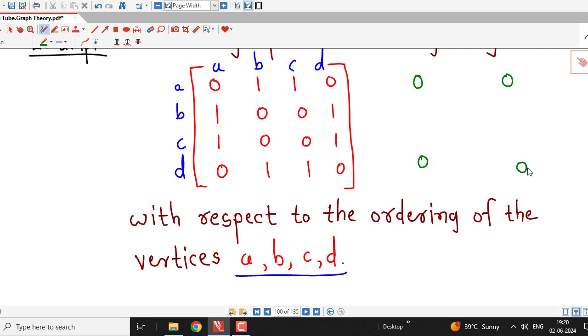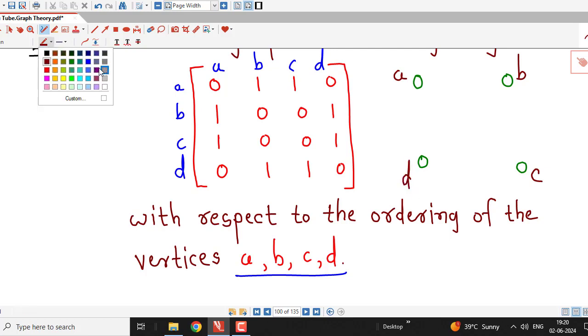So suppose these are the 4 vertices which we denote by A, B, C and D. Now we have to decide which vertices are joined by an edge. That will be clear from these entries. These entries are nothing but the number of edges from one vertex to another vertex.